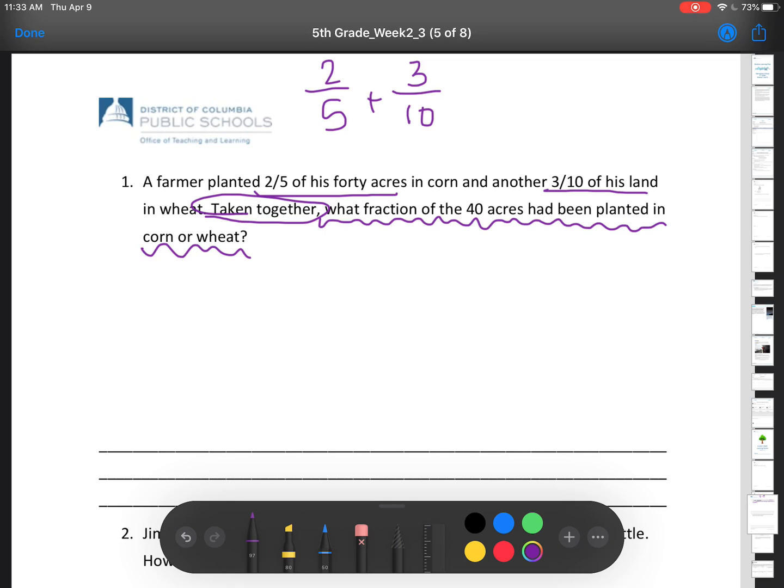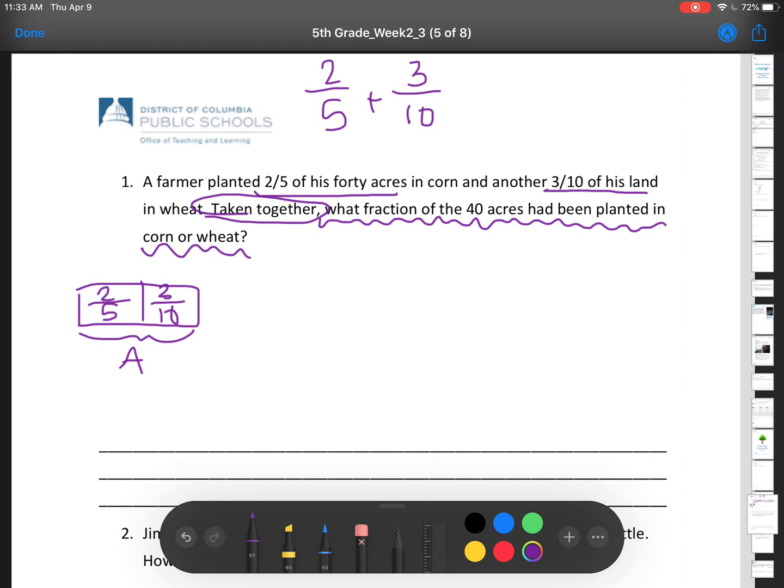So I want to think, okay, 2/5 of the 40 acres were in corn, right? 2/5. And the 3/10 of that same land, that same 40 acres, is wheat. And the question asks me what fraction of the 40 acres had been planted in corn or wheat, right?